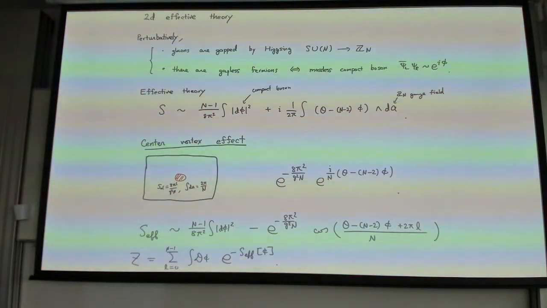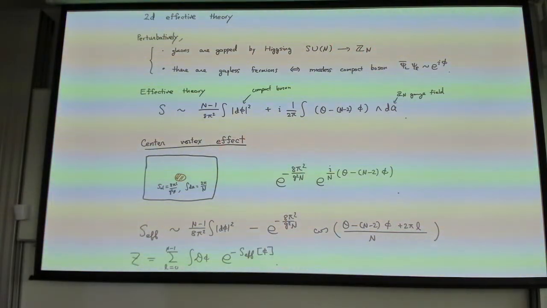Since we finally solve the 2D effective theory, this gapless fermion can be mapped to a compact boson by this kind of mapping. The effective theory turns out to be given by a compact boson kinetic term plus some coupling between this compact boson and a discrete gauge field given by this one.